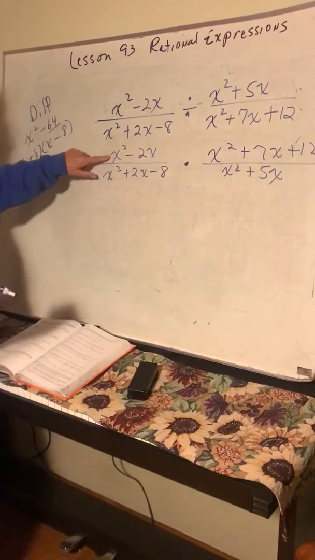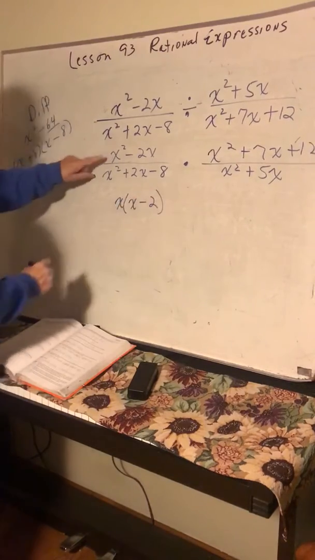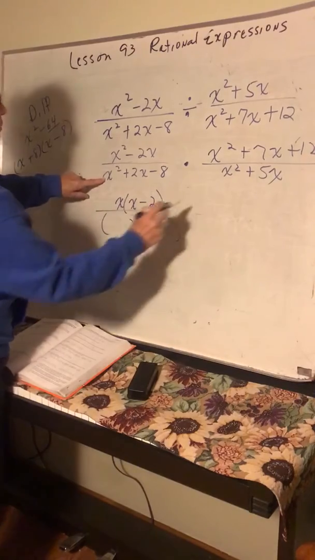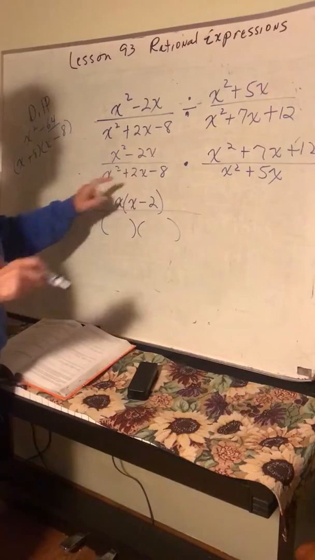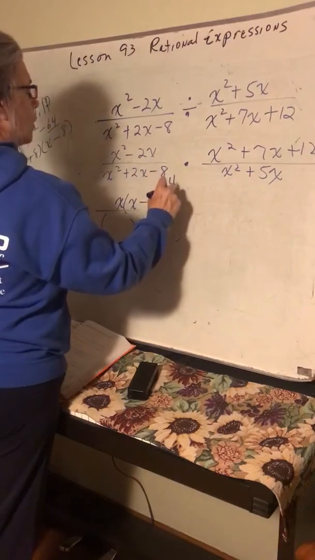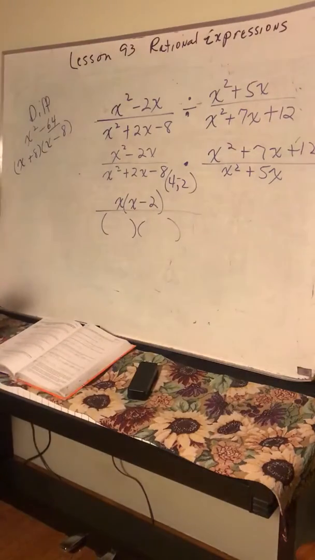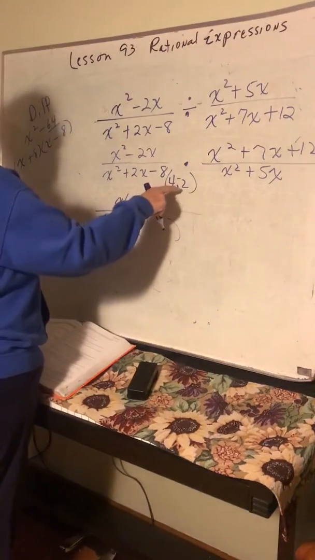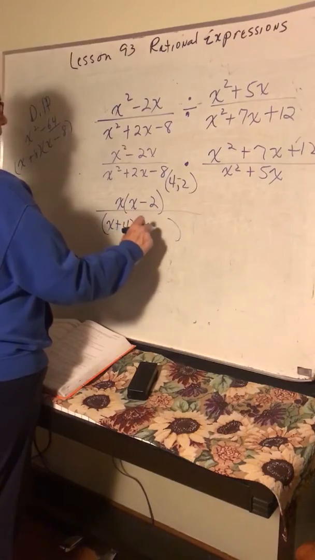The top one has an x that we can factor out. This one multiplies to negative 8 and gives me a positive 2. Well, that has to be 4 and 2, and the 2 is negative, so we have x plus 4 and x minus 2.